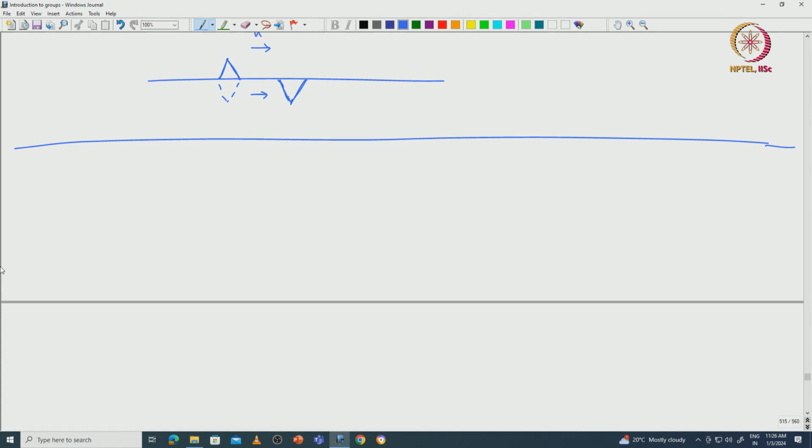One is the translation, and the other is the reflection with respect to a line that passes through the origin. Translation we already understand, so we will only need to understand the reflection with respect to a line through the origin.